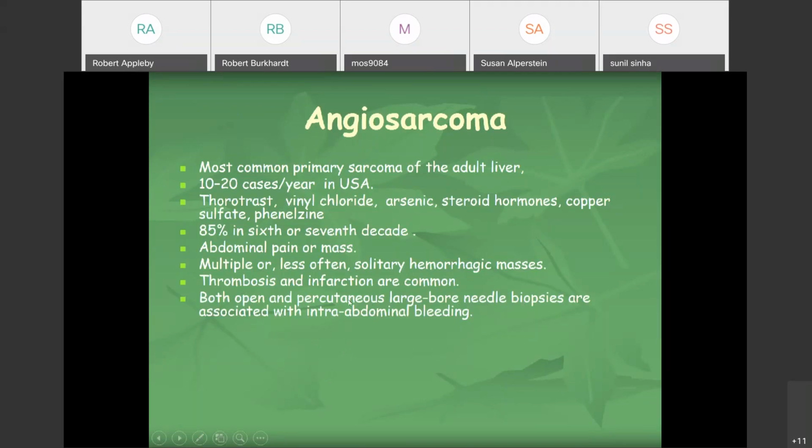Large core needle biopsies are associated with intra-abdominal bleeding, so core biopsy is contraindicated if you suspect angiosarcoma. FNA using 25 gauge needle reduces this hazard greatly.